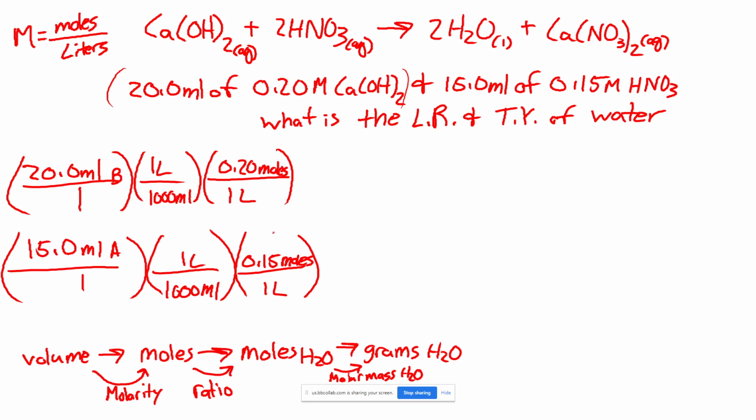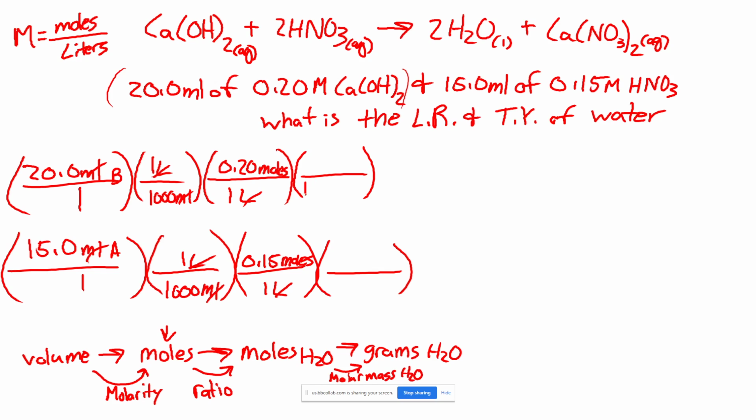Yes. Okay. So once we have this step, you can see here now that our liters and milliliters are canceled at this point, so we're in the number of moles. So now we can go back to our normal, so to speak, stoichiometry and just plug in the ratios. So for the calcium hydroxide, which was the base here, that is a 1 to 2.